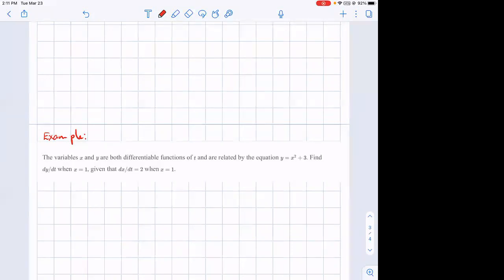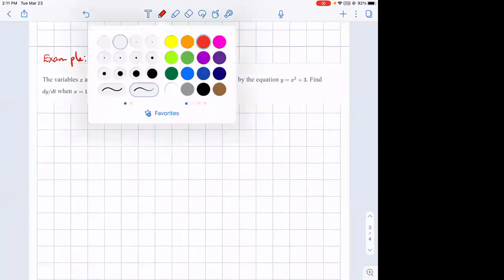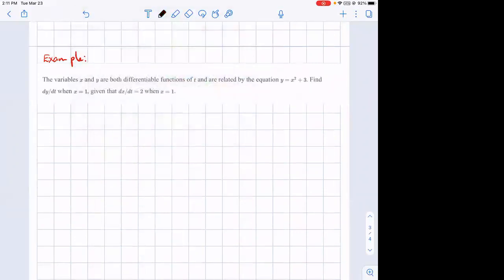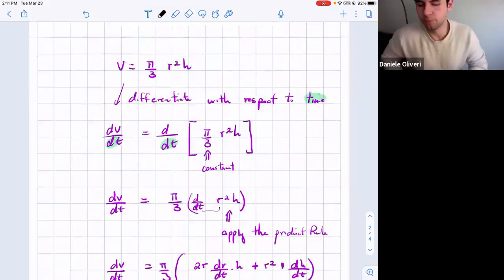So the first thing you're going to have to observe, and this is where you guys will have to get used to, you have an equation, y is equal to x squared plus 3. Please pay attention. Now, there will be some sort of a hint presented to you in the problem as to what variable you're differentiating with. For example, above here, I differentiated with respect to time, right?